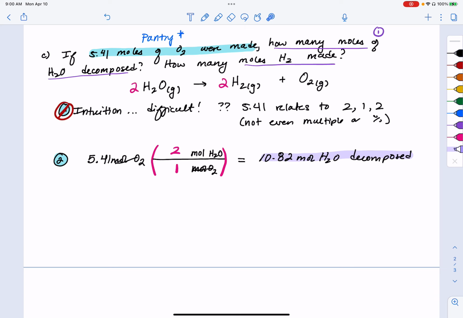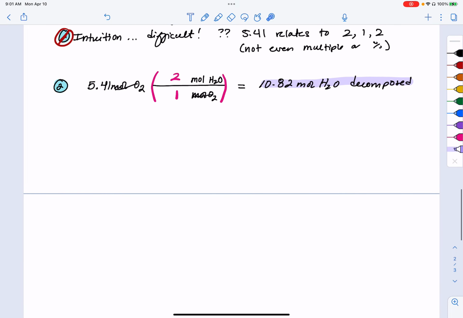We care that a reactant is different from a product, or that there are two different products that could be made in a reaction, or that there are even multiple reactants involved to make multiple different products. So always, always, always include the label of what it is you're talking about when you're doing your stoichiometry. Okay, so we have taken care of moles of water decomposed.